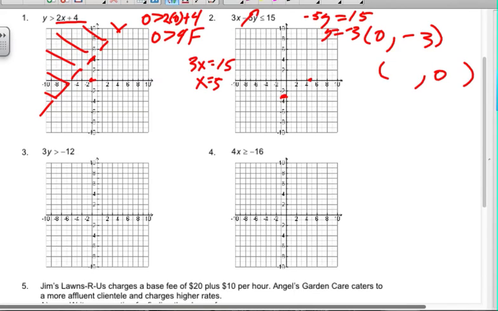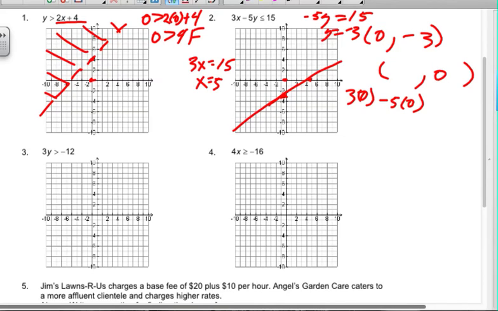Okay, this is less than or equal to, so this will be a solid line. And we pick our test point. 0, 0 is available. I plug it back in to my original equation. So I'm going to have 3 times 0 minus 5 times 0.